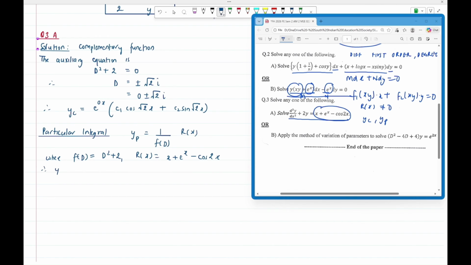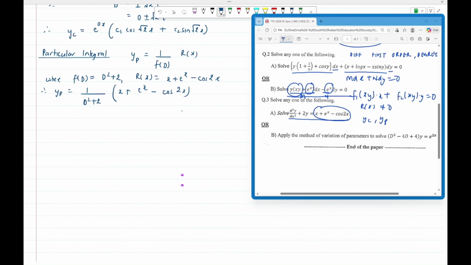So we can say that yp is 1 over d square plus 2 times x plus e raised to x minus cos of 2x. So this can be broken into three simpler expressions: 1 over d square plus 2 of x, plus 1 over d square plus 2 of e raised to x, minus 1 over d square plus 2 of cos of 2x.